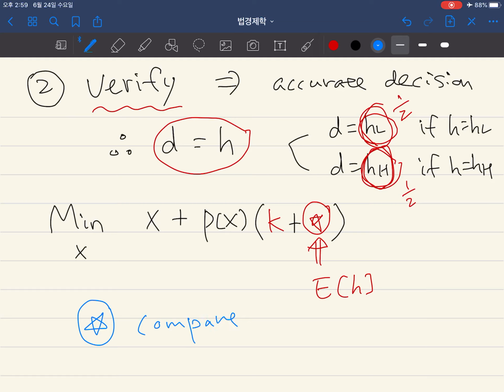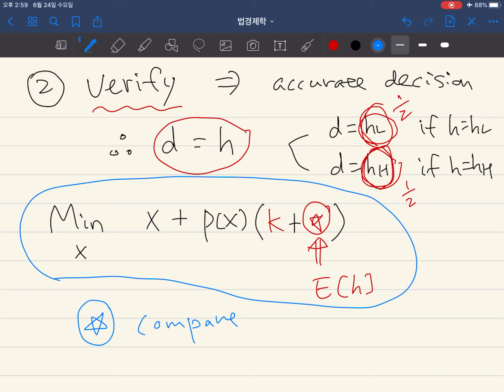Please make sure to compare this expression and the corresponding defendant's problem when the defendant has information about actual harm.